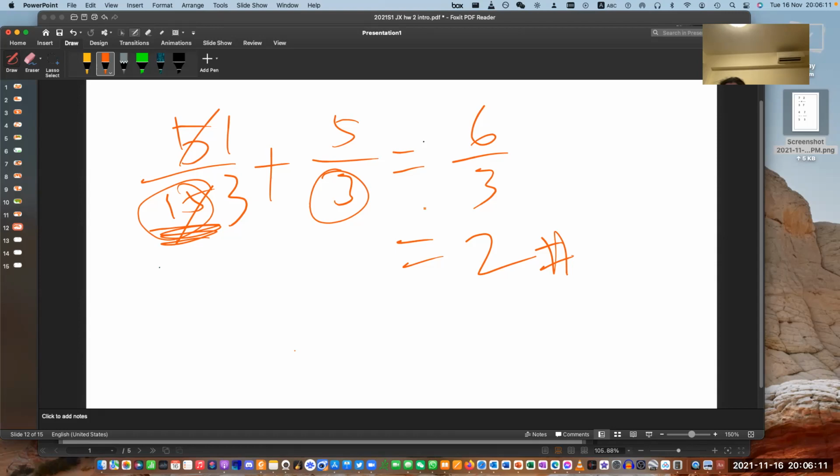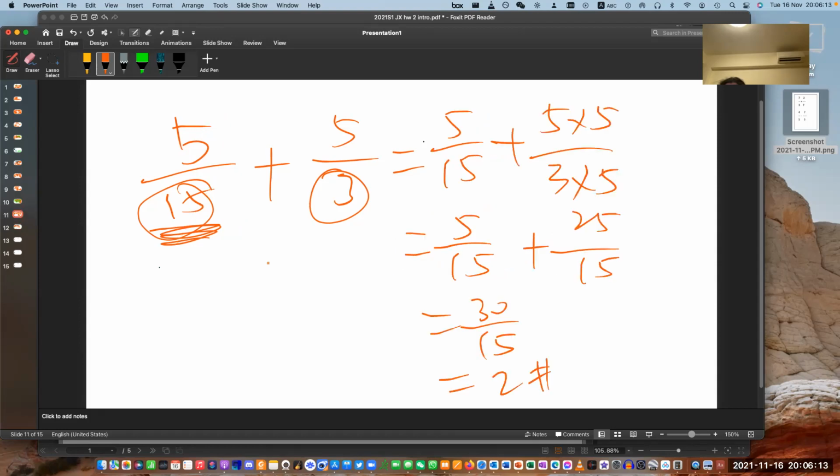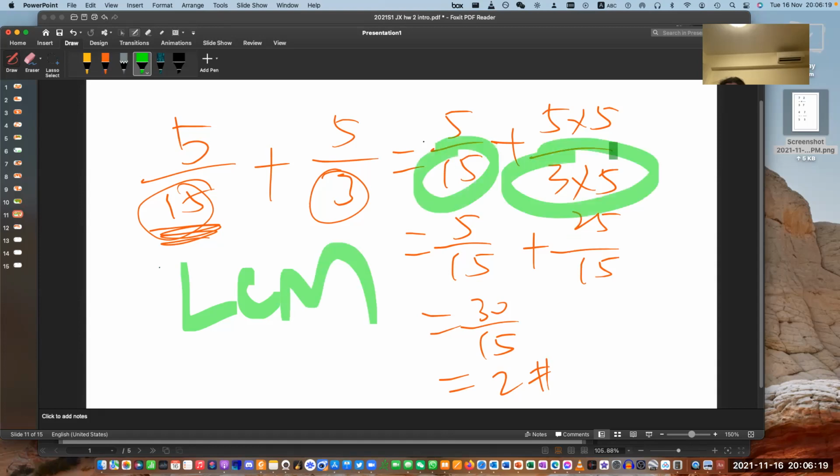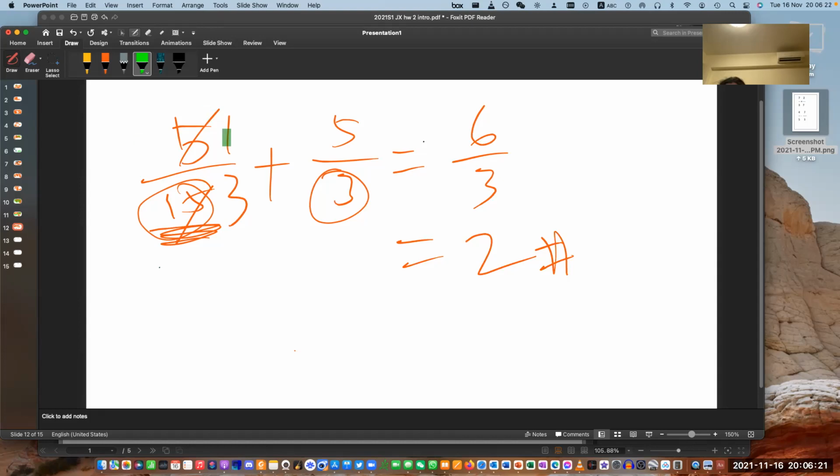Over here, you make use of the concept of LCM, 15 and 15. And over here, you just see that there is a possibility for you to simplify. Then you proceed. So in fact, this method is encouraged.